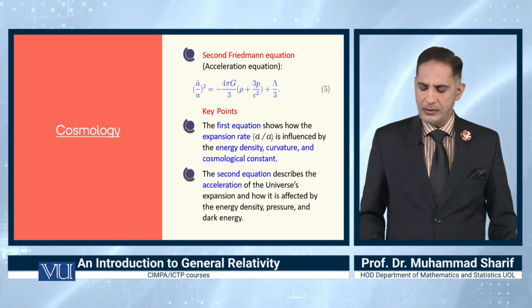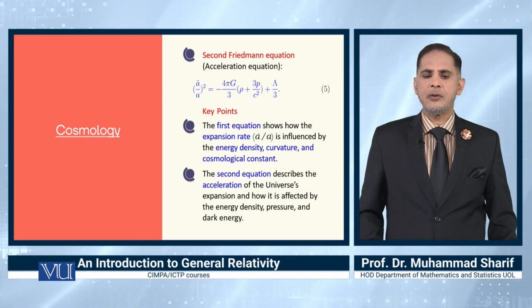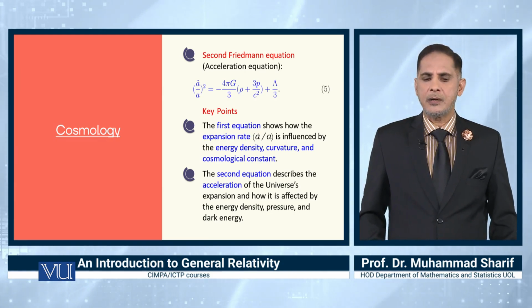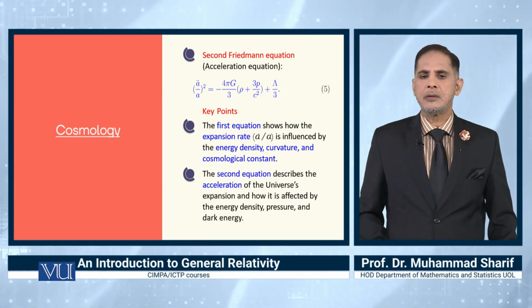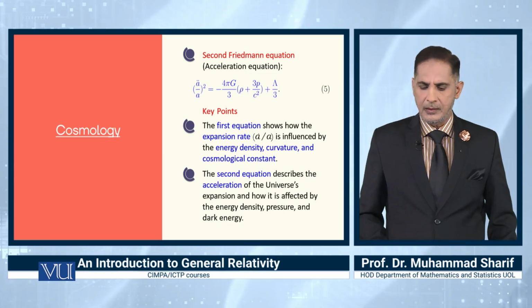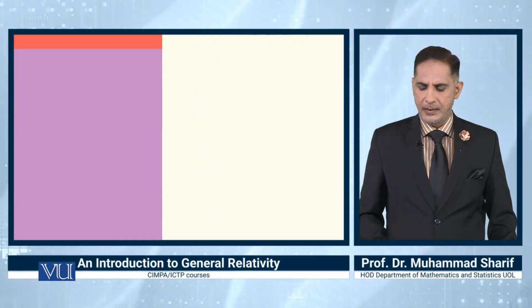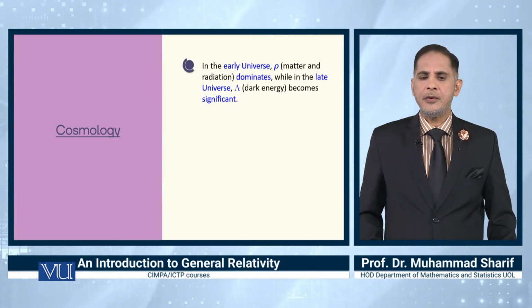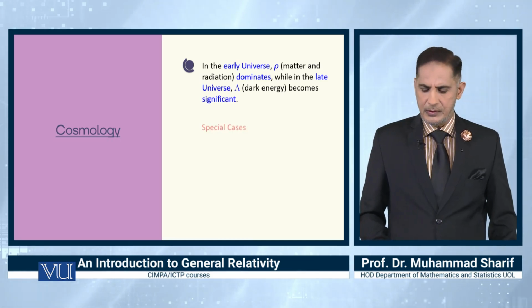So, this equation describes the acceleration of the universe expansion and how it is affected by the energy density, pressure and dark energy, which is in fact represented by the cosmological constant. In the early universe, density dominates, while in the late universe, dark energy becomes significant.